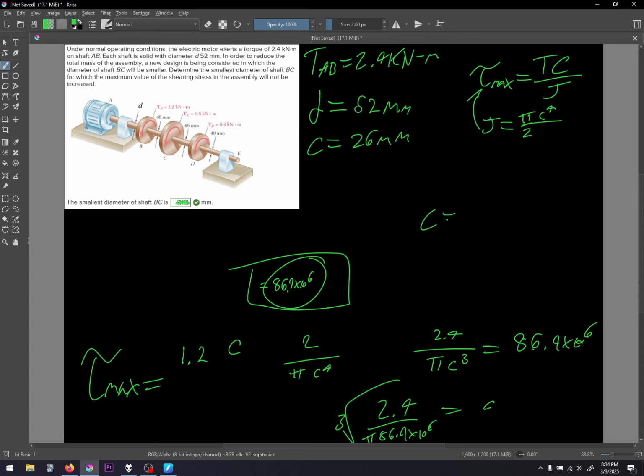I'm getting that C is equal to 0.00206. Multiply that by 2. Diameter is equal to 0.00412. Converting to millimeters, that's 4.127, or 4.13 millimeter.